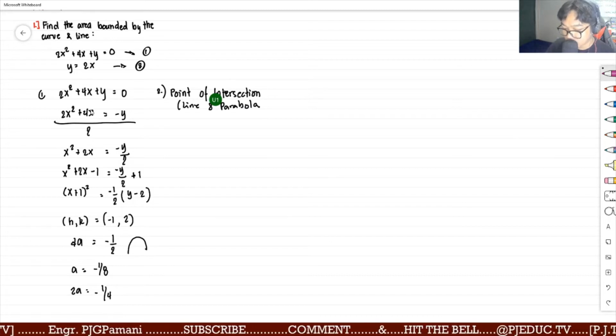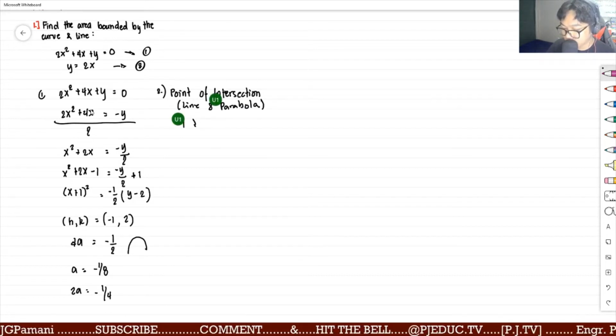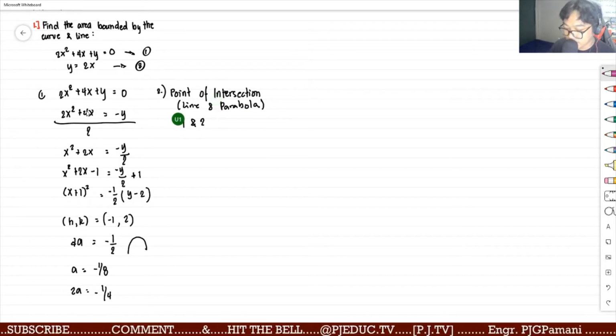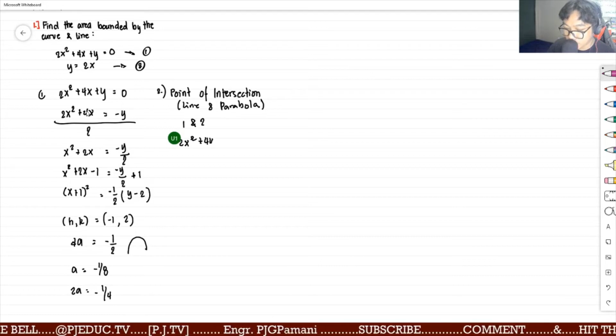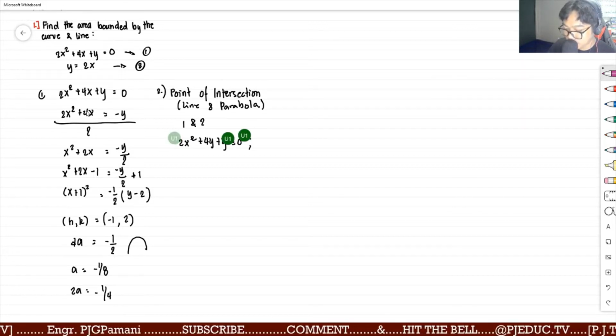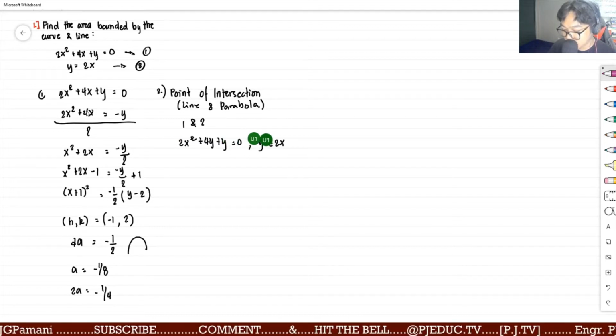Okay, let's just combine equation 1 with equation 2 by simply substituting equation 2 into equation 1. Remember that equation 2 is y equal to 2x.